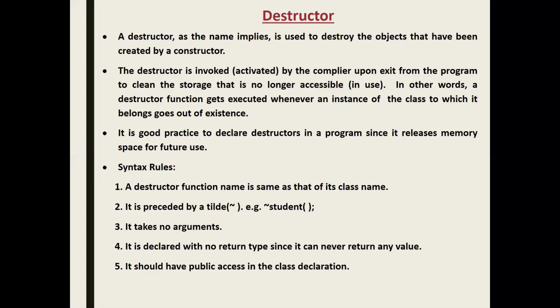What is the use of destructor is to destroy the memory which has been allocated for the object, right? That will be done at the end of the program. So when you are terminating your program, during that time your destructor will execute.